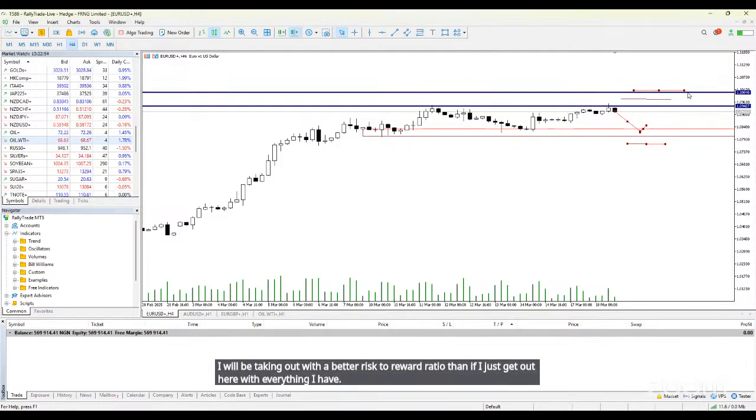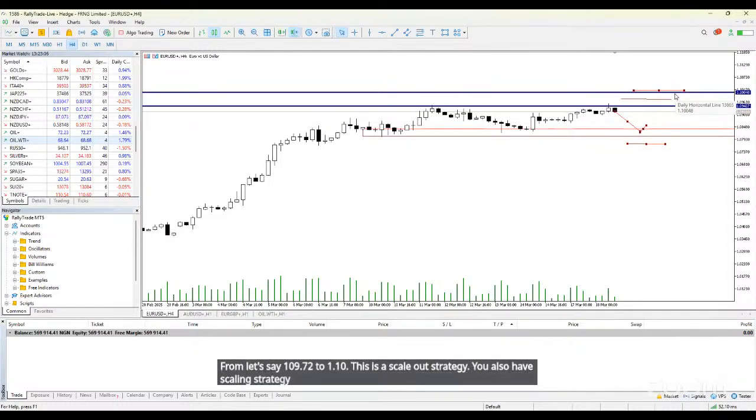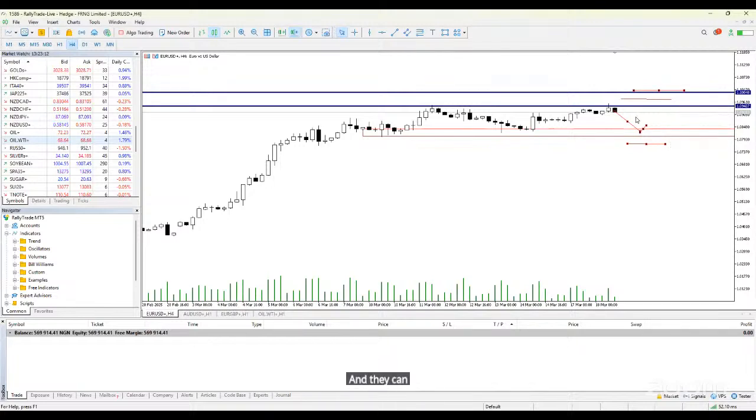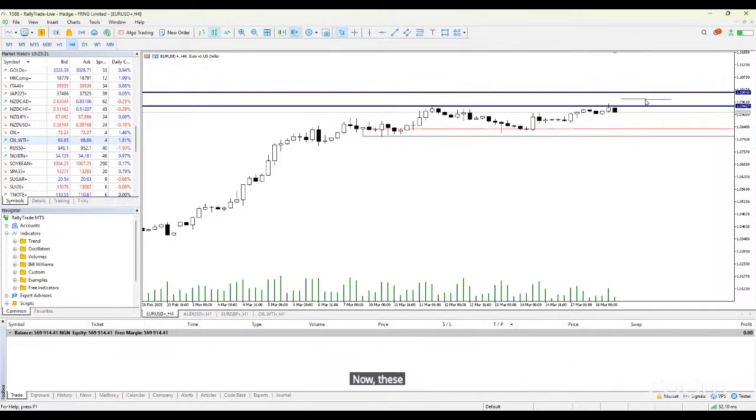So I will still be making a bit more money on 0.5 from, let's say, 1.0972 to 1.10. This is a scale out strategy. You also have scale in strategy, but those are a bit more complex and require some experience, and they can become very tricky when you keep adding volume to your trades, but you need to have a very good money management system. Now, this would be something that I would actually look for in euro dollar.